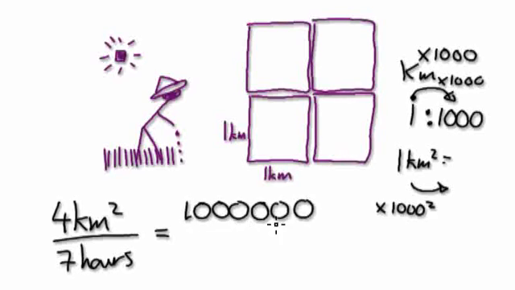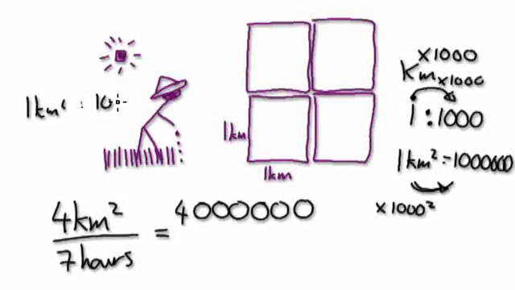So now 1 kilometer squared is 1 million meters squared. But then we've got 4 of these, so we've got to times it by 4.